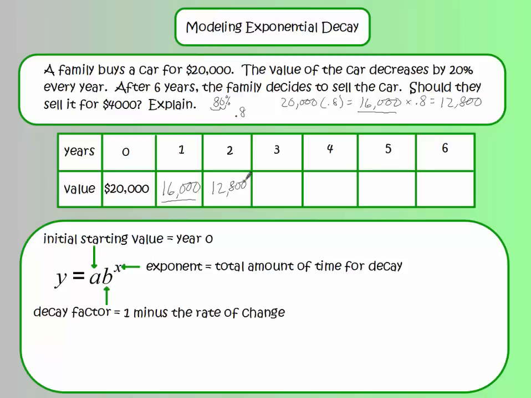To find out how much it's worth after year 3, I would start with 12,800 and find out what 80% of that is. So once again, I start with 12,800 and I multiply it by 0.8. And this time I get 10,240.